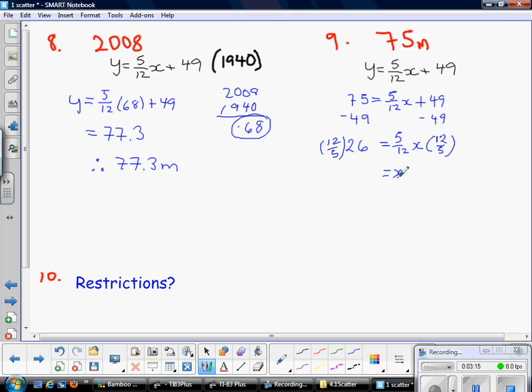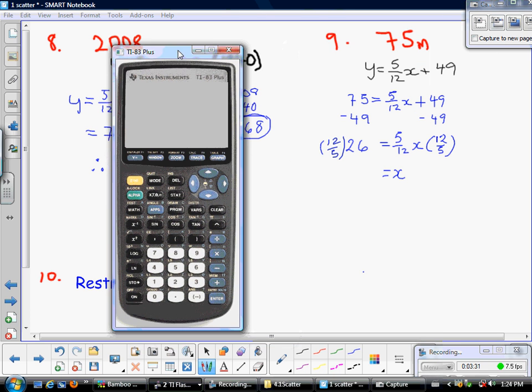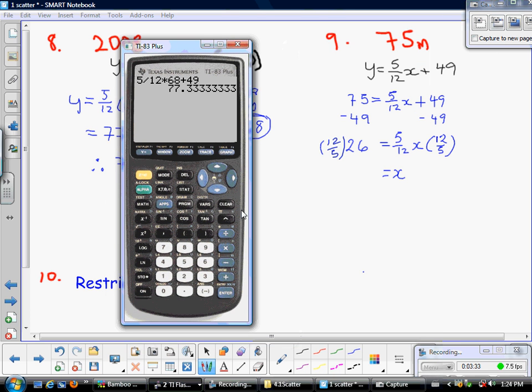And again, we're going to pull out our calculator for this. Let's see what we get. So we have 12 divided by 5 times 26. So approximately 62.4 years.